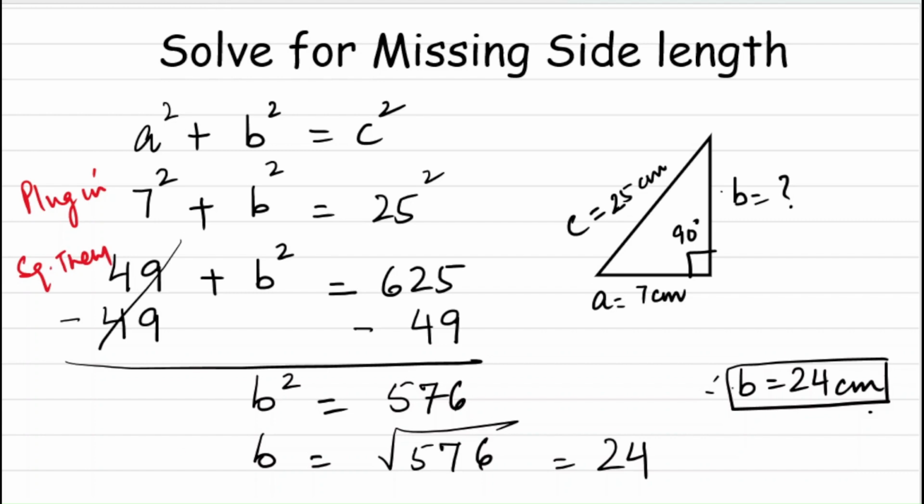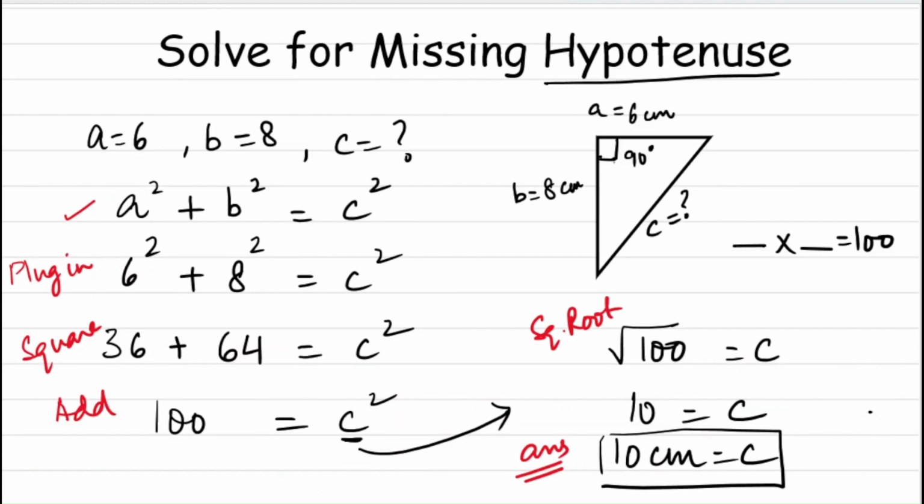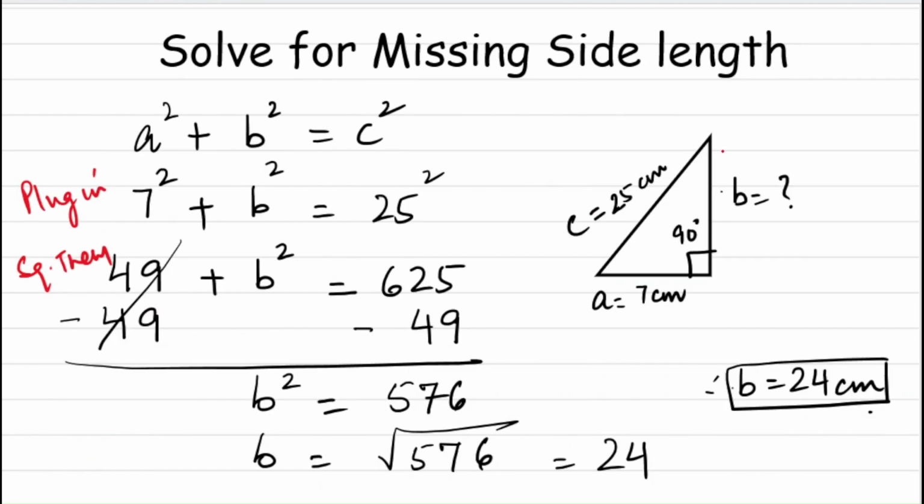If I go to the previous slide, after squaring we add, because the hypotenuse was missing. But when the hypotenuse is given and the other side lengths are missing, we subtract. And after subtracting, we take the square root, and we have the answer.